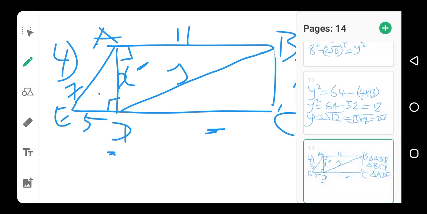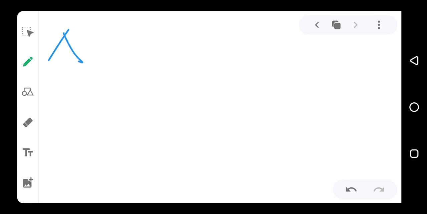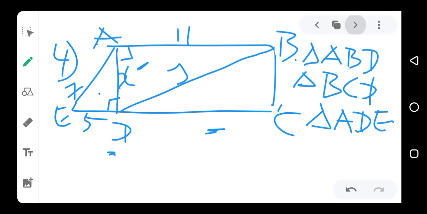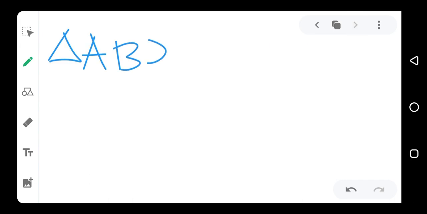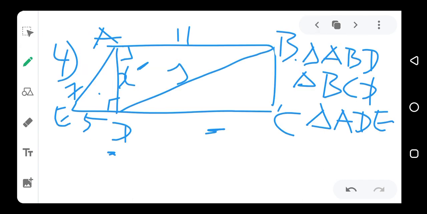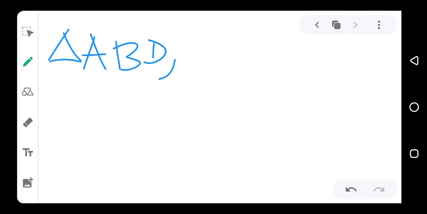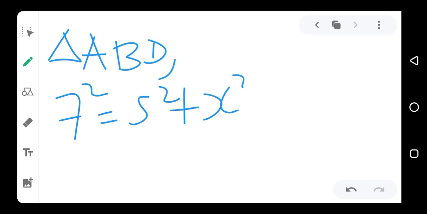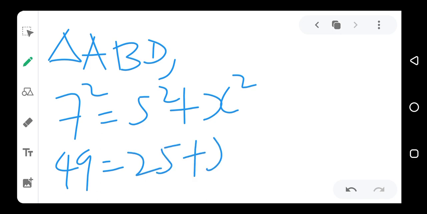Now for triangle ABD, we have that 7 squared is equal to 5 squared plus x squared. 7 squared is 49, which is equal to 25 plus x squared.